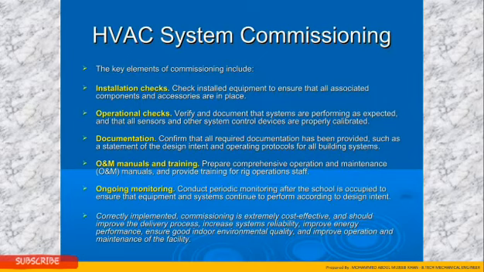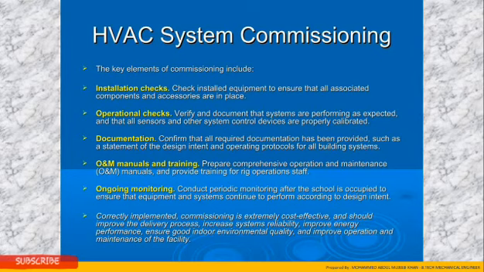HVAC system commissioning. The key elements of commissioning include installation check, operation check, documentation, operation and maintenance manual and training, and ongoing monitoring. Installation check: check installed equipment to ensure that all the associated components and accessories are in place.